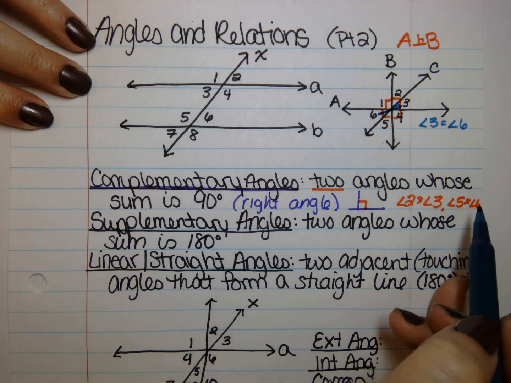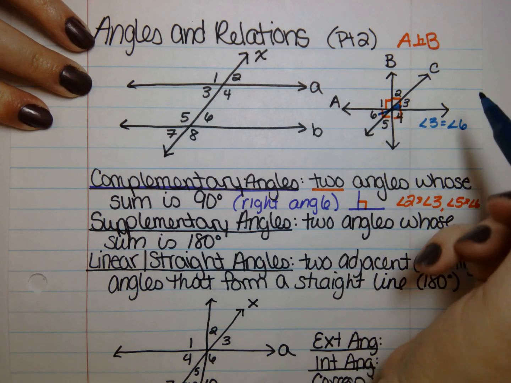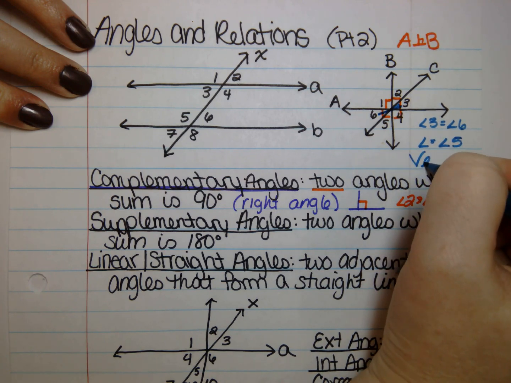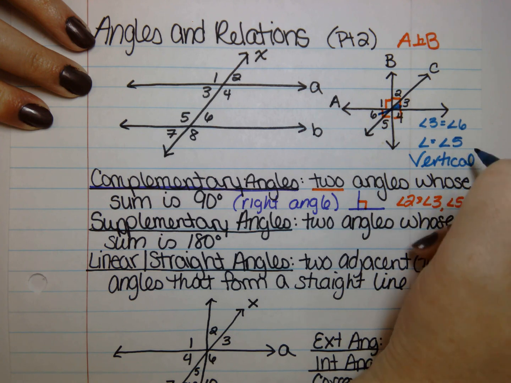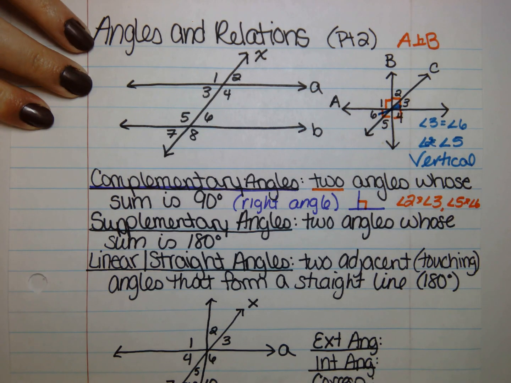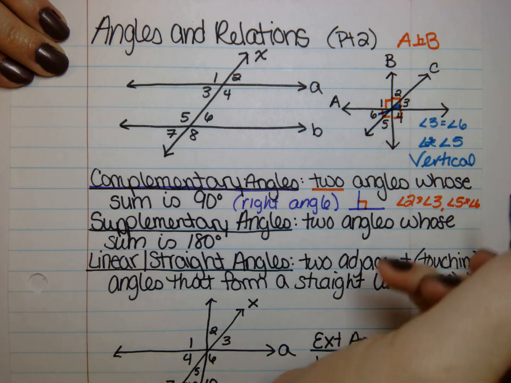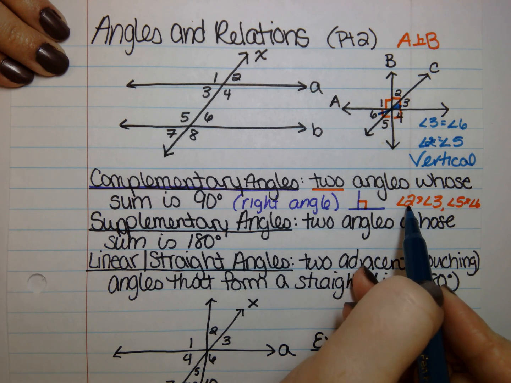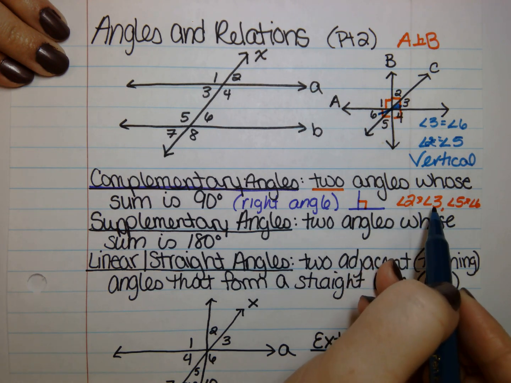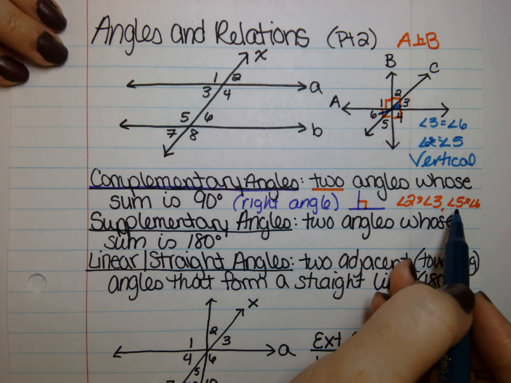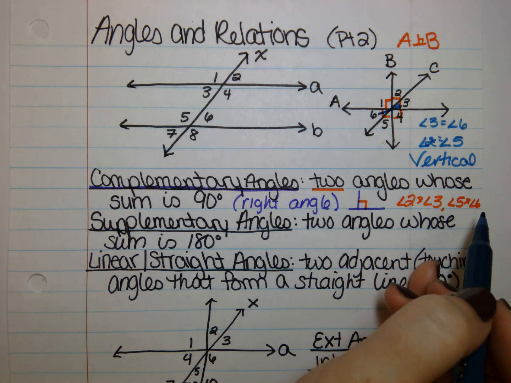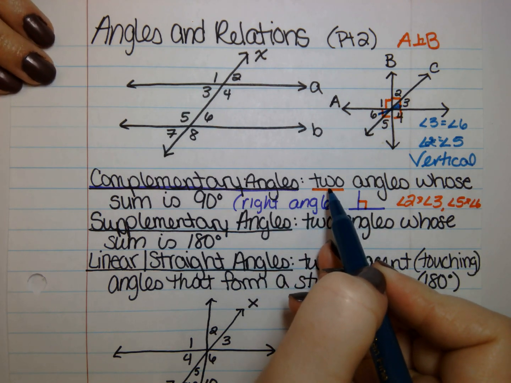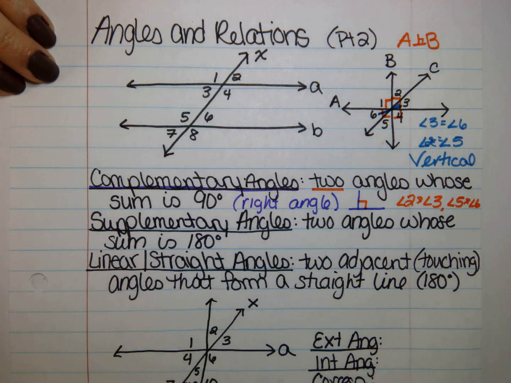The same thing goes with the 2 and the 5. Angle 2 equals angle 5, because these are all vertical angles, which means they have equal measures. So I could replace the 2 with a 5 and have angle 5 and angle 3, or I can replace the 5 with angle 2 and have angle 2 and angle 6. So complementary angles are any two angles that add up to 90 degrees.